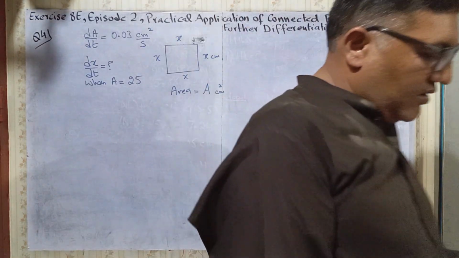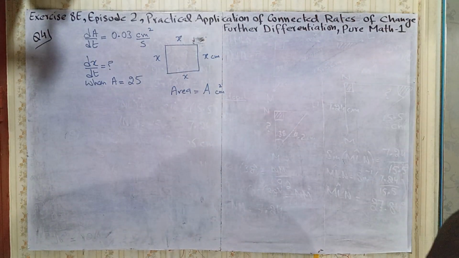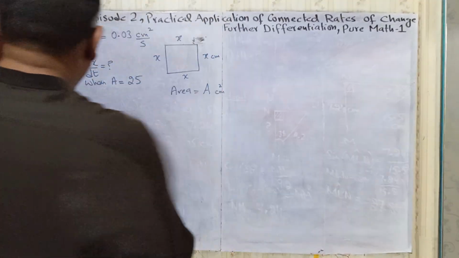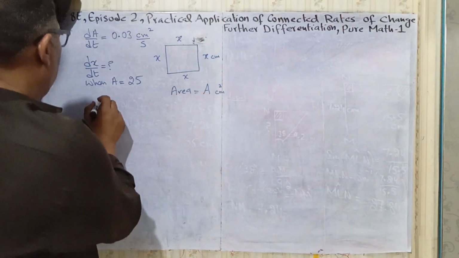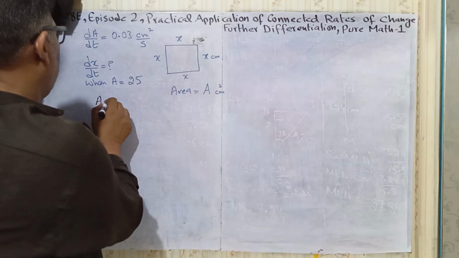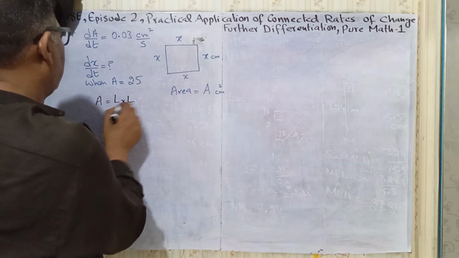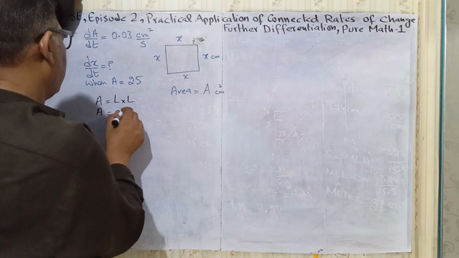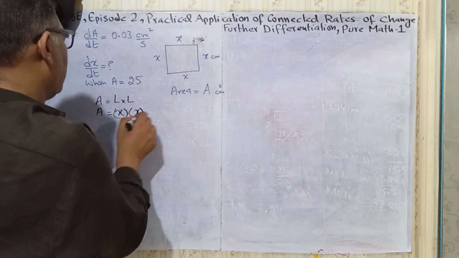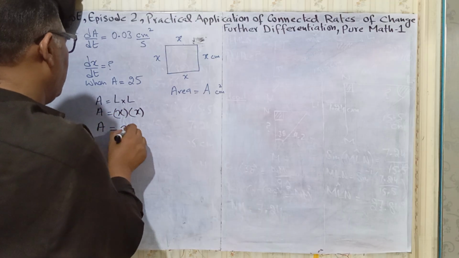The area of the square is equal to L squared, meaning length multiplied by length. So we can write the formula: area is equal to x into x, so the area will be equal to x squared.